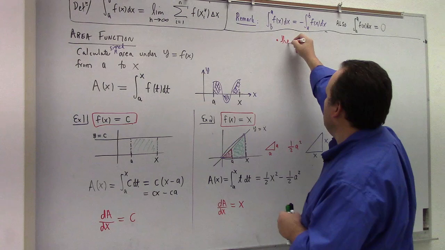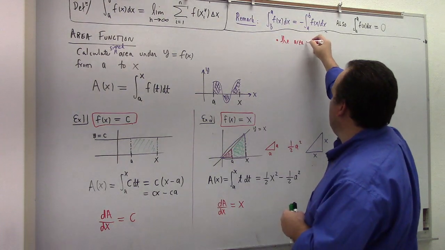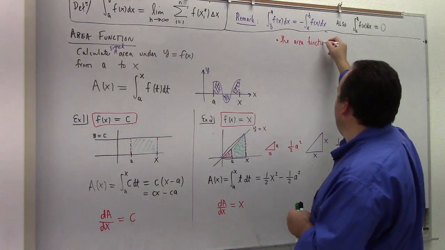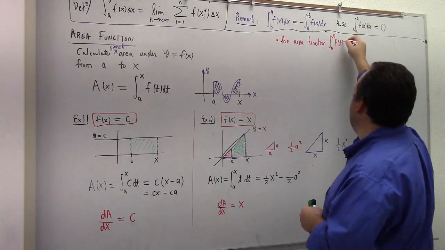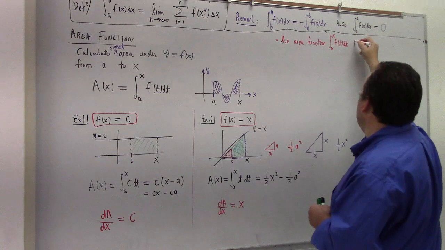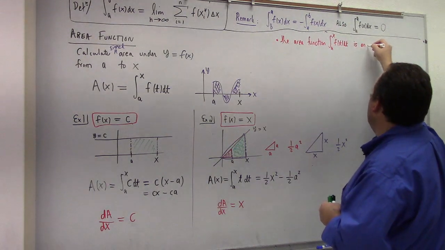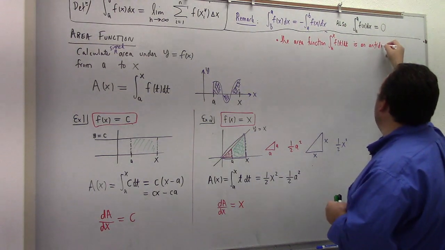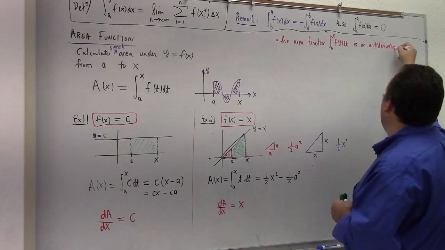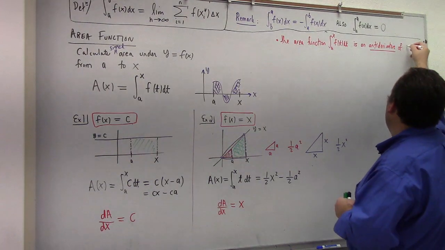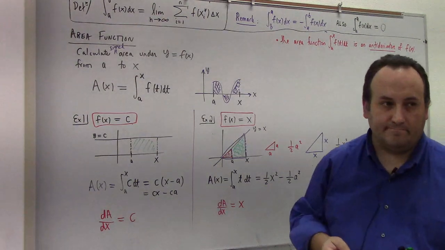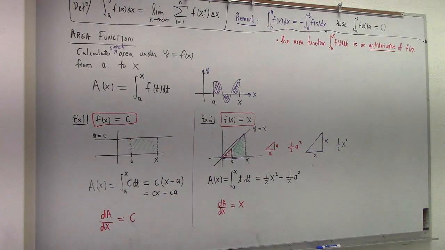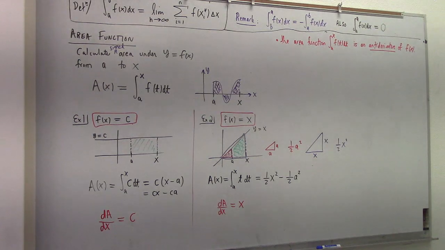The area function, the integral from a to x of f of t dt, is an antiderivative of f of x. That's what both of these examples illustrate.